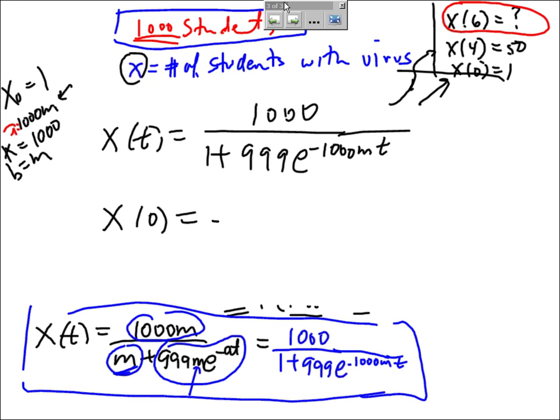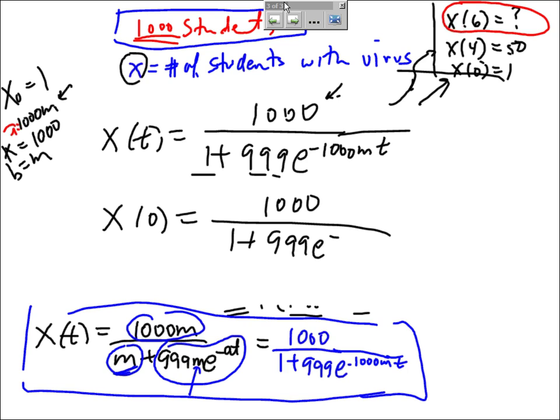X of 0 is, well, the top is 1000. 1 plus 999 e to the negative. Well, if t is 0, negative 1000 times m times t, 0, is 0. And e to the 0 is 1. So this part right here is 1.